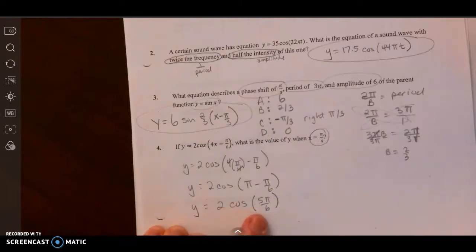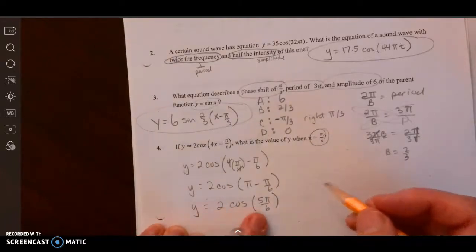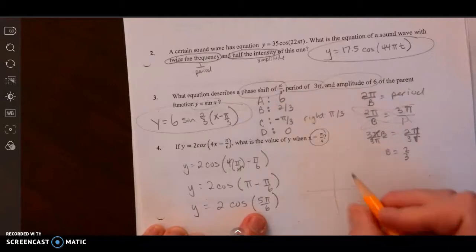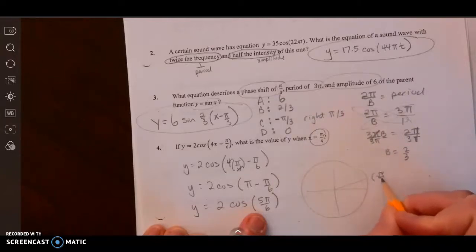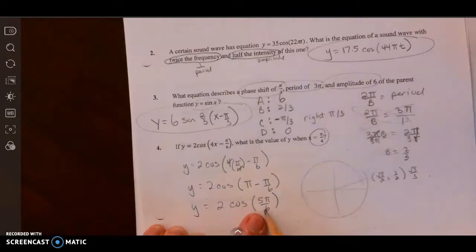So what is the cosine of 5 pi over 6? I'm going to think real quick about my unit circle, and my pi over 6 family. My pi over 6 family has the square root of 3 over 2, 1/2, and square root of 3 over 3. So 5 pi over 6 is over here, which means my x value is negative, and x value is what I want because it's cosine.